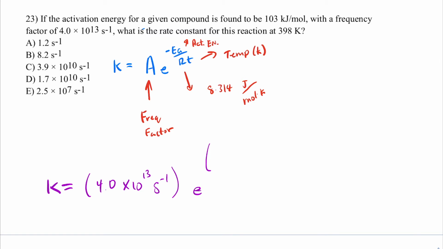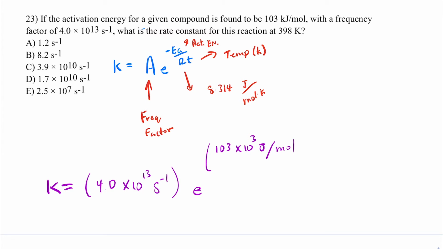Well, let's consider this. Our constant R is in units of joules per mole Kelvin, and our activation energy was given to us in kilojoules. So we need to switch one so the units can cancel. I'm going to adjust this to 103 times 10 to the 3 joules per mole, because we know that for every 1 kilojoule there are 1,000 joules, from the metric system conversion.